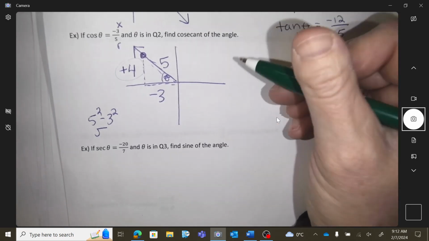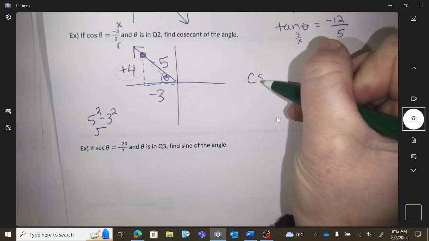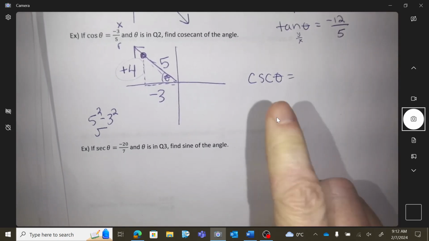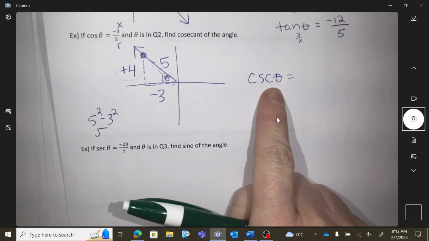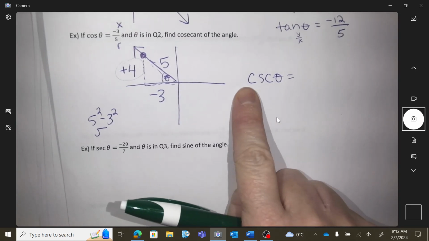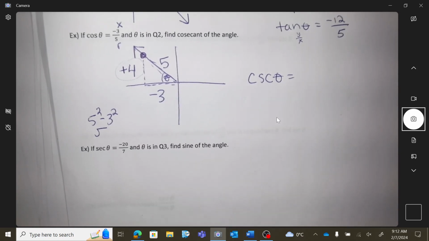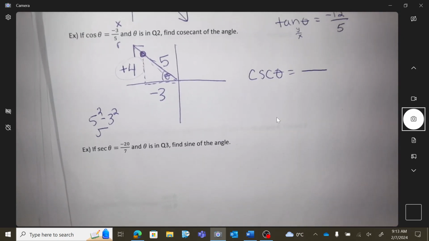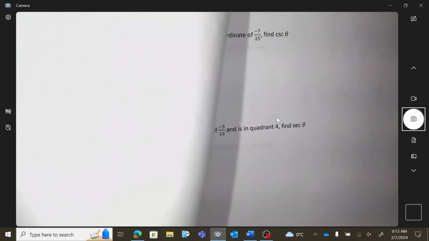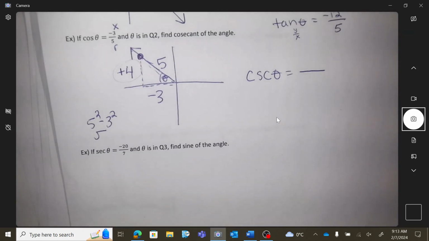Okay, so the question says, find the cosecant of this angle. Okay, here's the 3-letter abbreviation for cosecant. So when you see that, that's what that is, cosecant. So what is the ratio letters for cosecant?